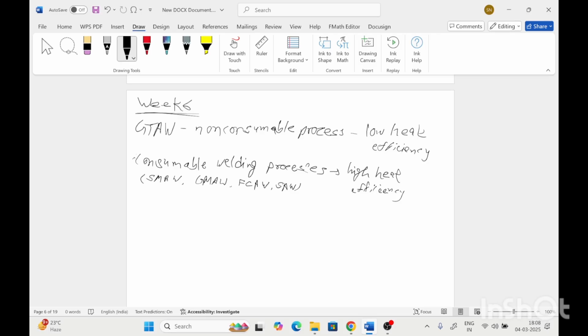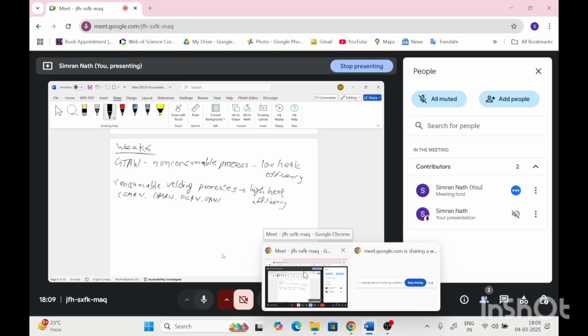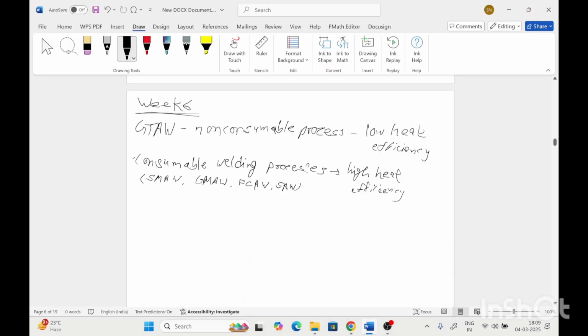How the heat efficiency plays a role in defining the efficiency of non-consumable and consumable welding processes is this: we know that the heat comes from the arc and the electrodes.